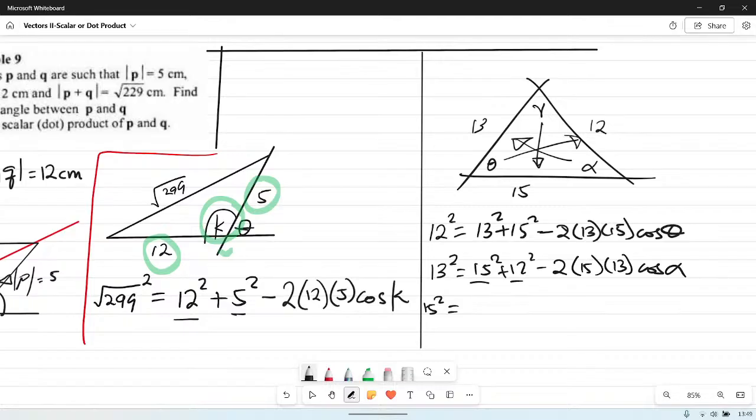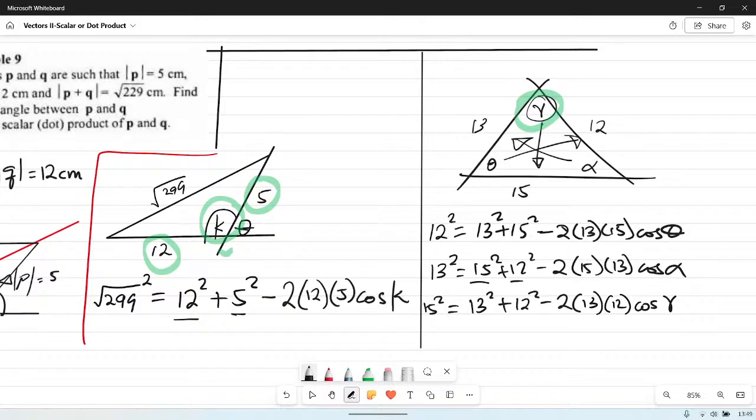So I'm saying if I want to find this angle, how will I do it? Very good. Are we okay?